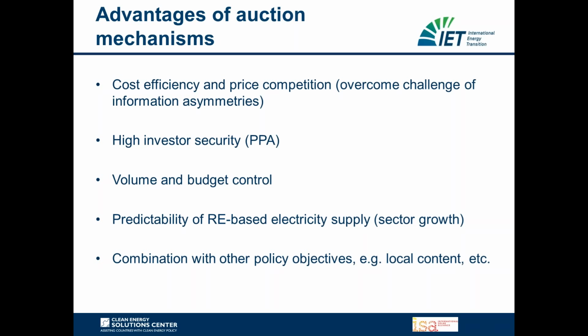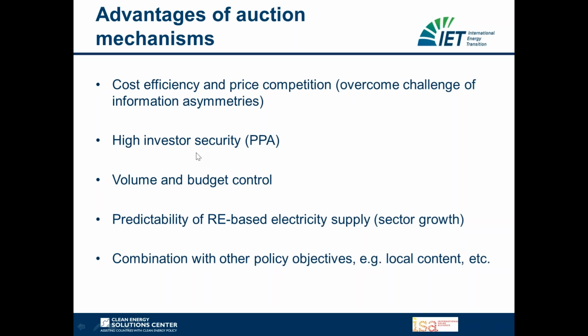So they are also doing the same job in anticipating price decreases, because the project will not be built and will not start generating electricity for the next 12 to 18 months.